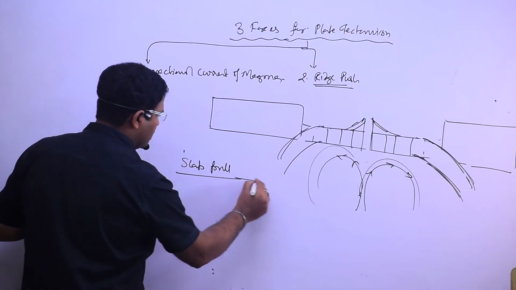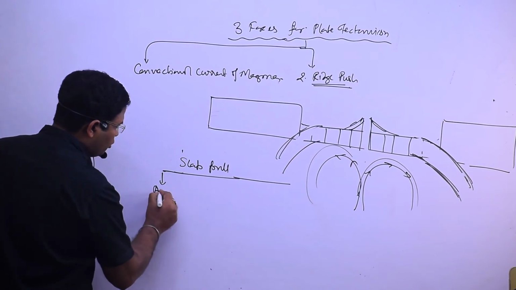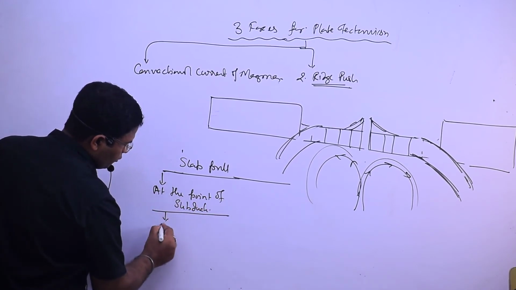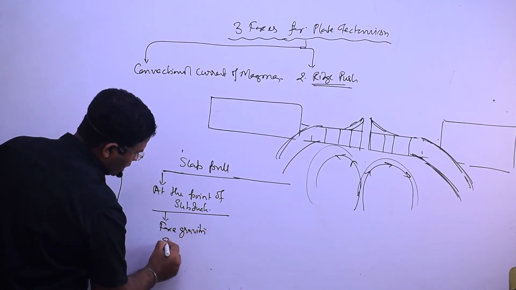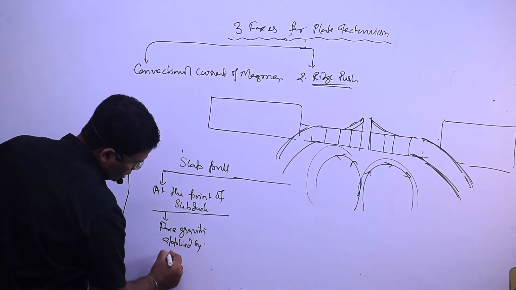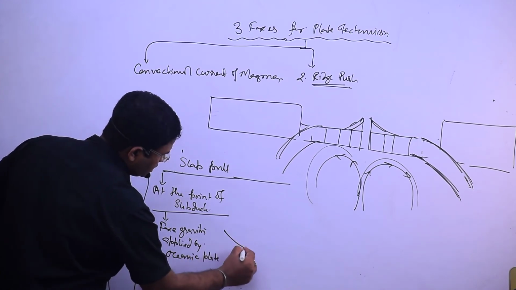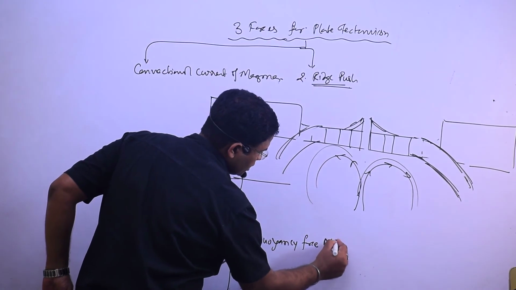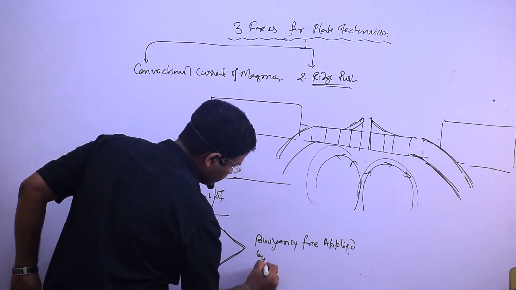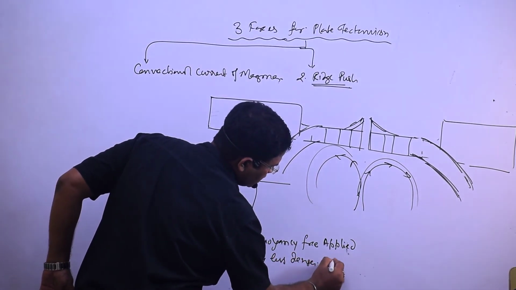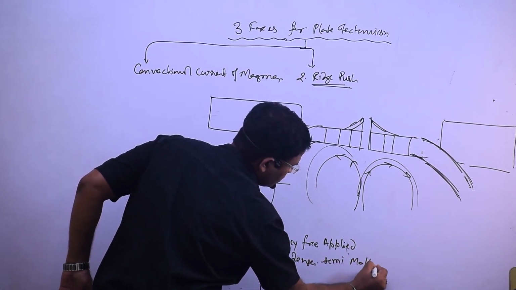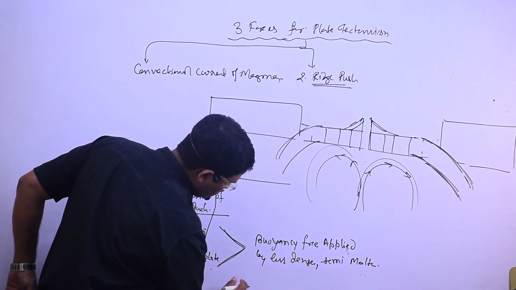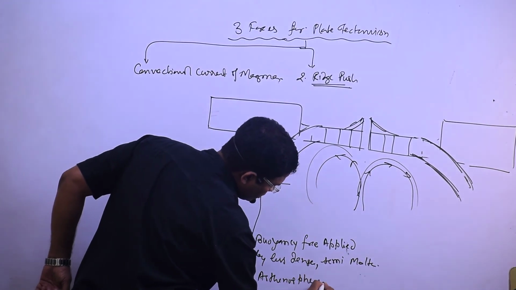Slab pull is happening, first, at the point of subduction: the force of gravity applied by the oceanic plate is greater than the buoyancy force applied by the less dense semi-molten asthenosphere.